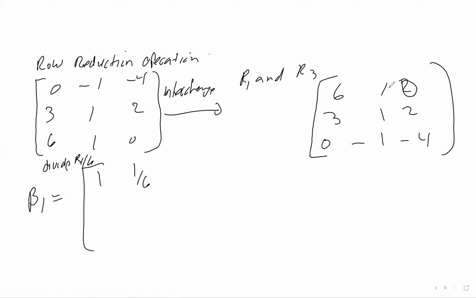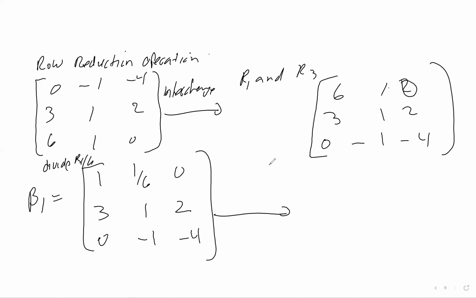Yeah, see, you can very simply make a mistake, because 6, 1, and 0, and then we have 3, 1, and 2, and 0, -1, and -4. So that's correct. And then you have 0 divided by 6 is 0, and then 3, 1, 2, 0, -1, -4. So you make sure that you copy the same thing and do not make a mistake.